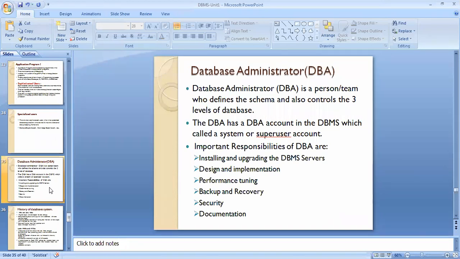See, the life cycle of a database starts with designing, then implementation, as well as the administration. First, what do we have to do? Designing the database, then implementation of that database, as well as the administration.